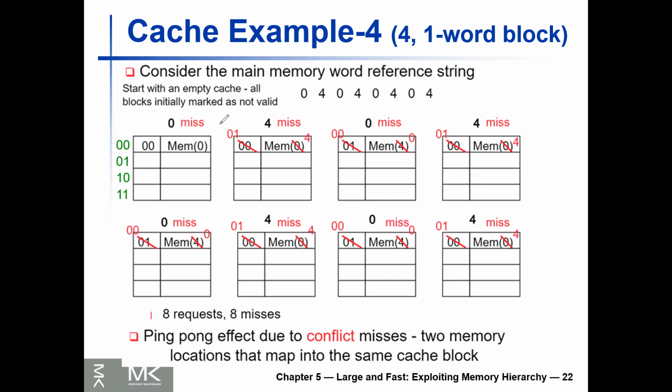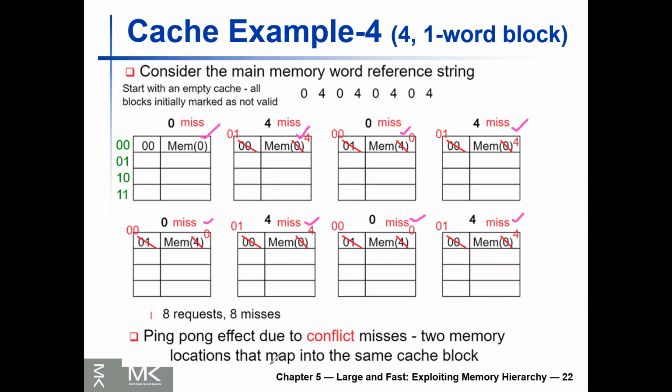Because of 0, we need to check this location only. The processor will check again, miss. Replacement is there. See, overwriting, but every time we are getting misses. This is called the ping pong effect.